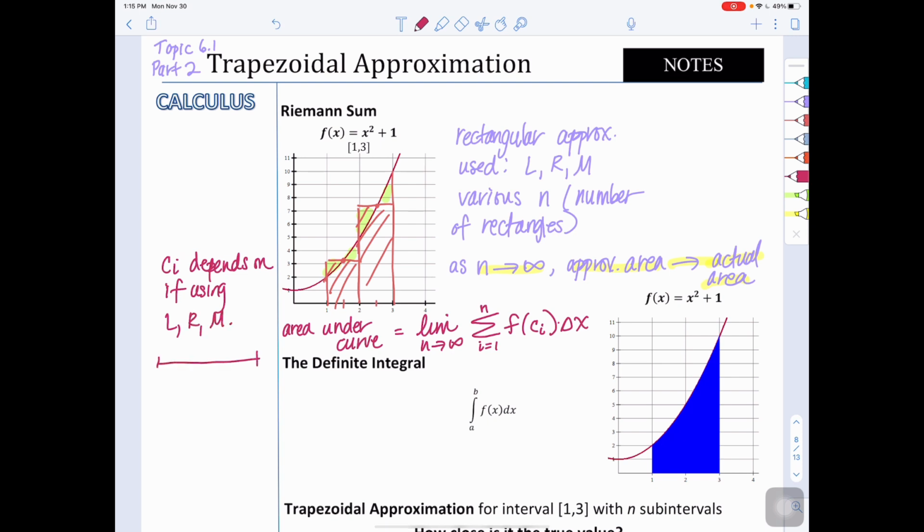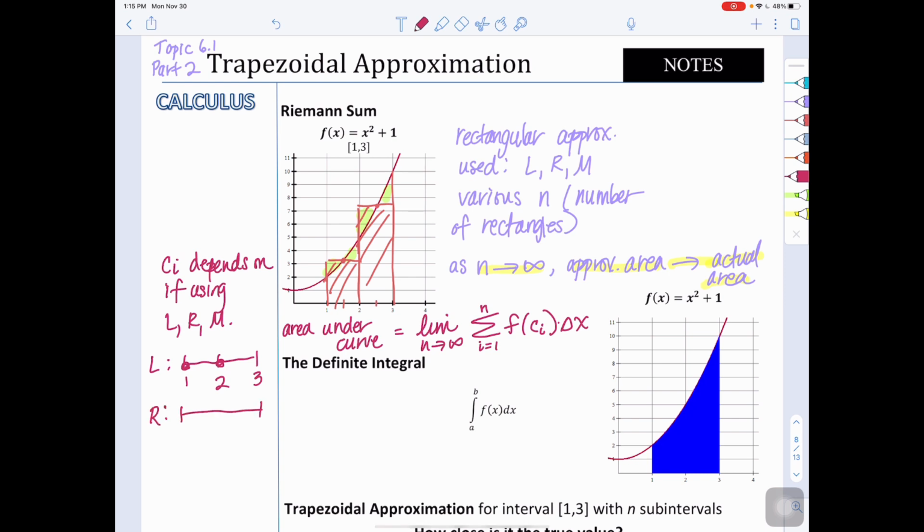So if you're using a left, and you're going from 1 to 3, of course, for the left, you would use 1 and 2 as your x values going into the function.